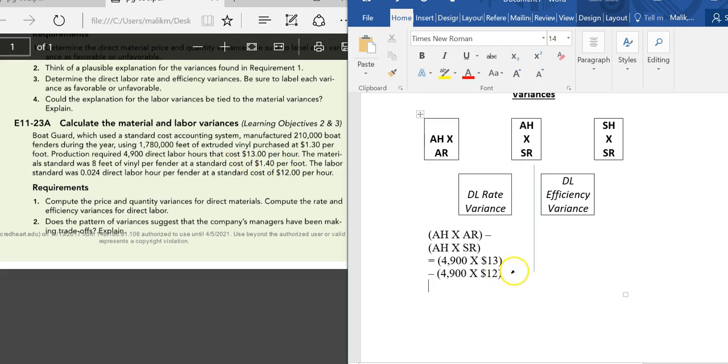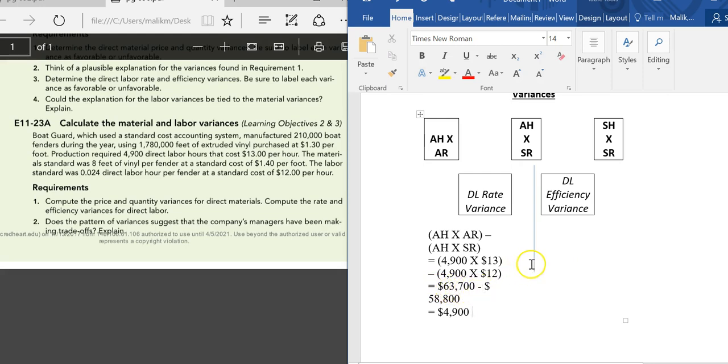Now if you multiply these two, you will find the first part, 4,900 times $13, what I found here is 63,700, and then for the second part I found 4,900 times $12, which is 58,800. And if you take the difference, I found the difference is 4,900. So now we have to compare.